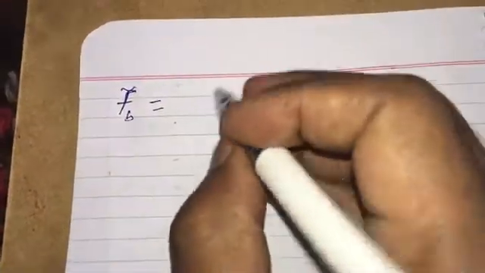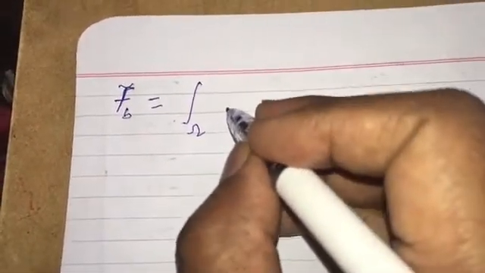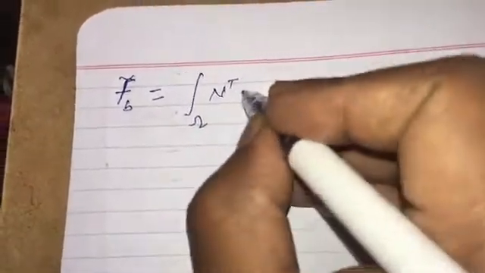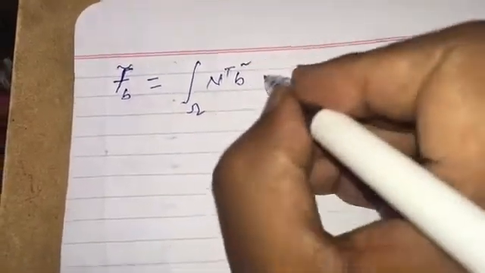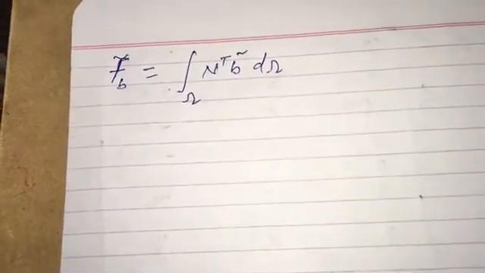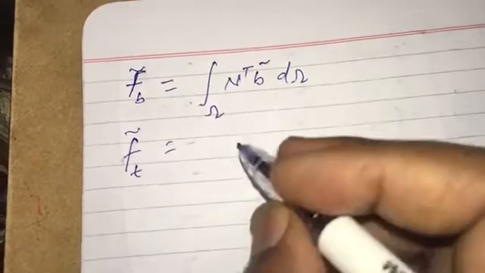So, F B is equal to the integral over the whole domain of N T b d omega, and F T, this is because of the boundary tractions.